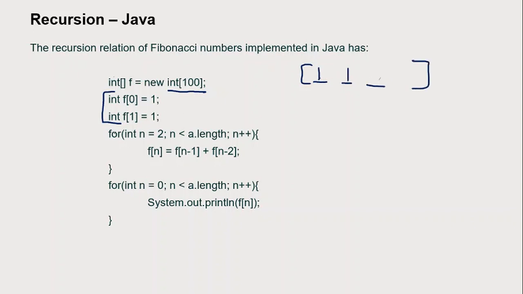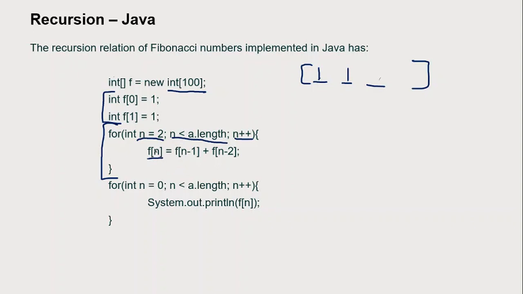These are our base case values. We have the for loop here, which means that this is not really a recursive program. It just applies the recursive idea, but it's still an iteration. We still vary n. So it's still an iterative piece of code.